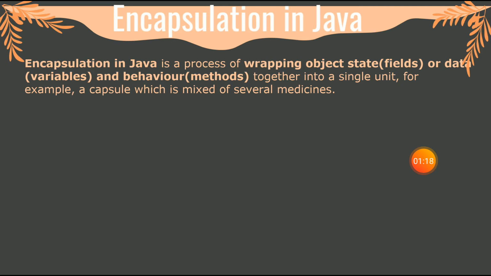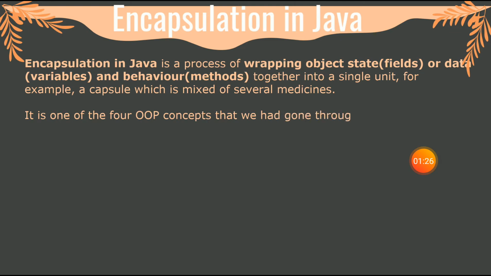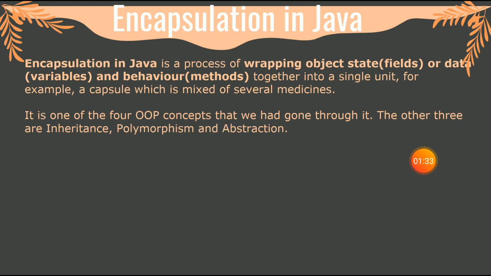For example, a capsule which is a mixture of several medicines. So this way we are binding together. It is one of the four OOP concepts that we have gone through. The other three are inheritance, polymorphism, and abstraction.